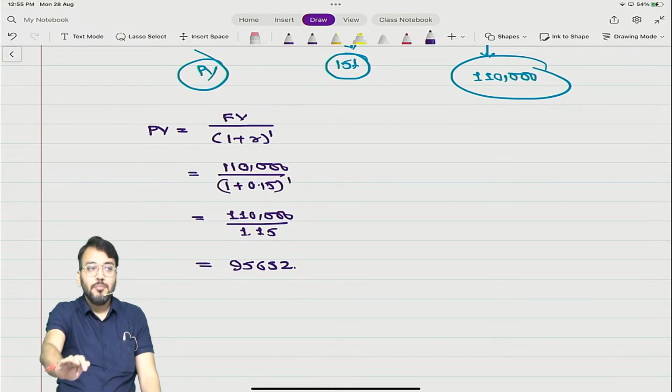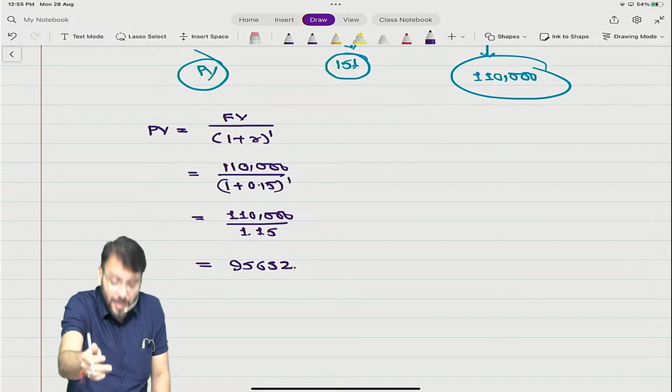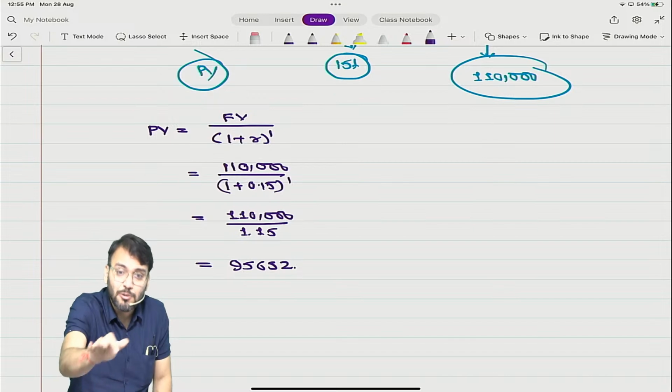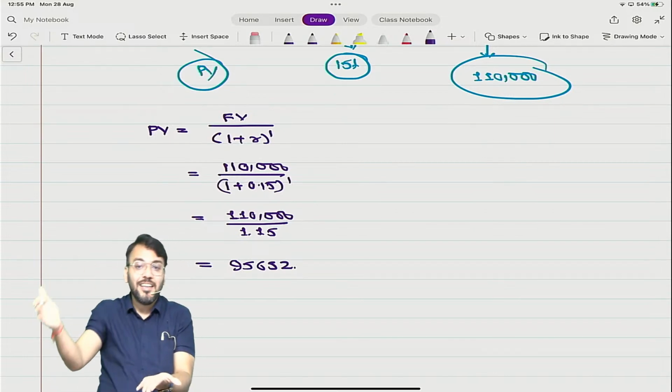Means if I give this amount today, are you happy or not? Instead of getting 1,10,000 after 1 year, if I am giving you 95,652 right now, are you happy or sad? Happy. Why? Because this is the present value of 1,10,000.